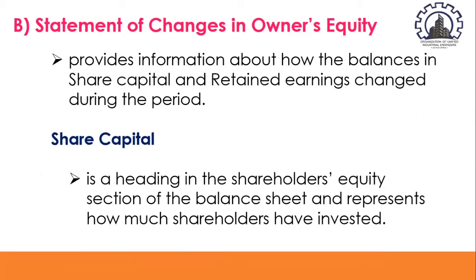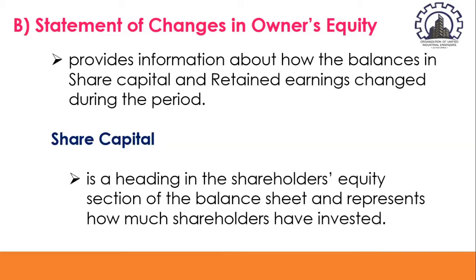If we say share capital, it is a heading in the shareholders' equity section of the balance sheet and represents how much shareholders have invested. Now, when shareholders buy shares, they are actually investing in the business. And the number of shares they purchase will determine how much of the corporation they own.